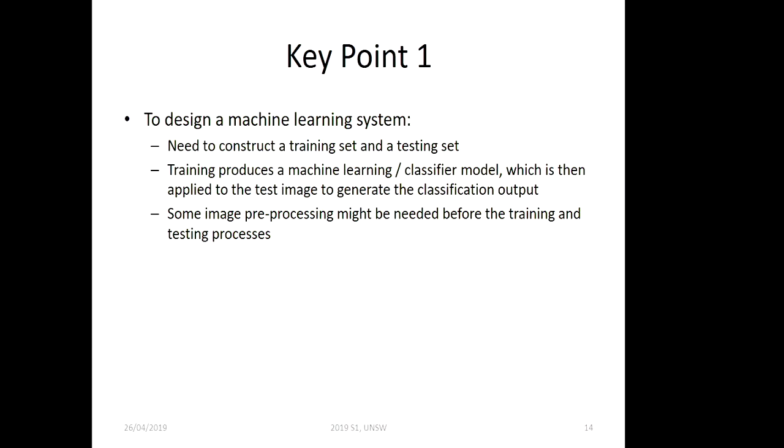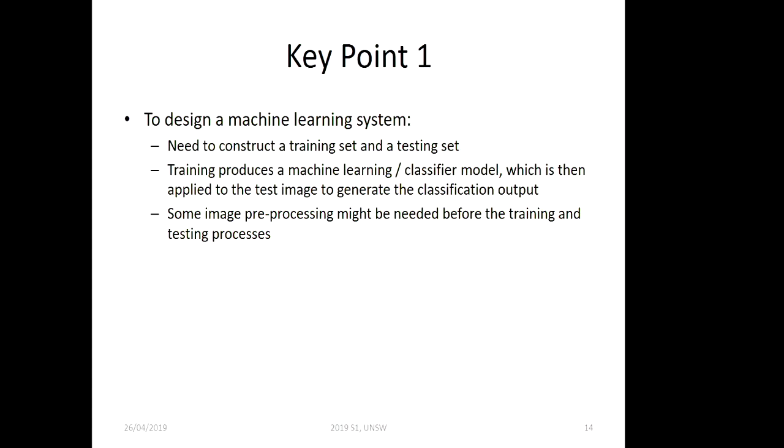Just a recap of what I have talked about previously. To design a machine learning system, the most important thing is to construct a training set and a testing set. You need to make sure you have sufficient diversity and quantity in the training set, and that will help you a lot with training the machine learning model.